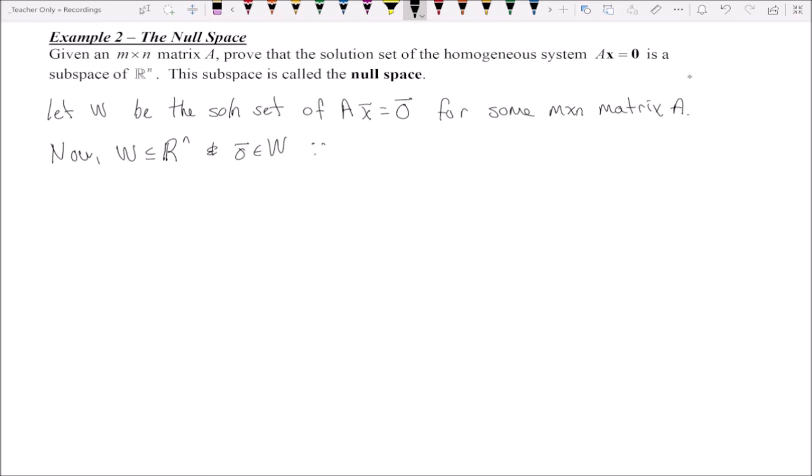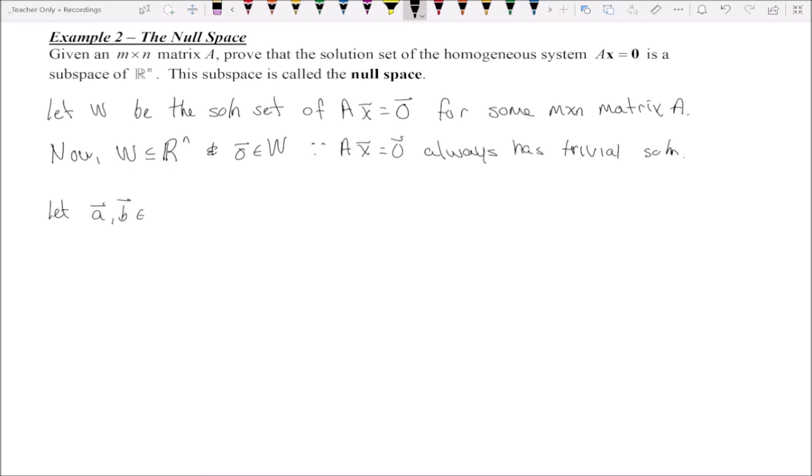Because a homogeneous system always has the trivial solution. We now have to show it is closed under addition and multiplication.